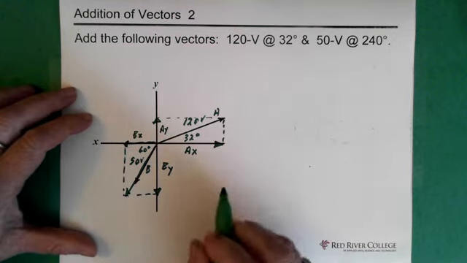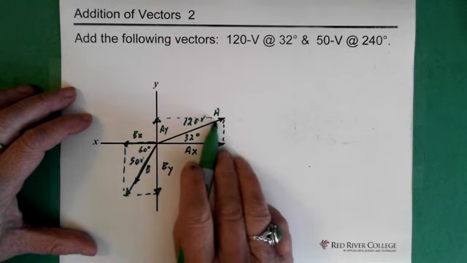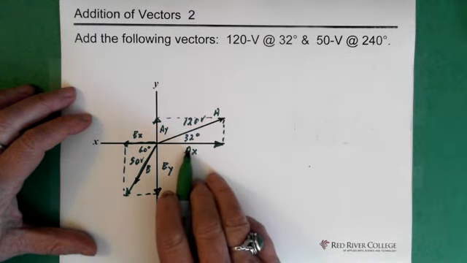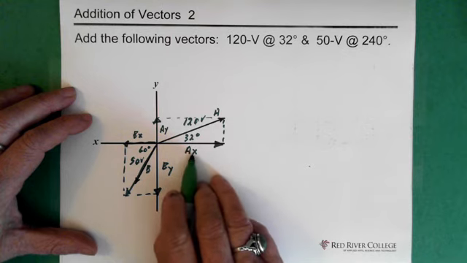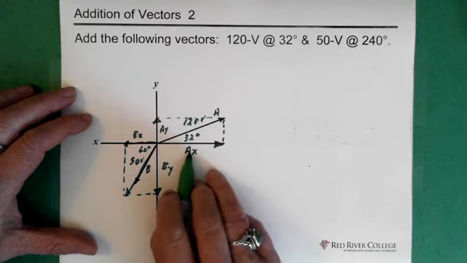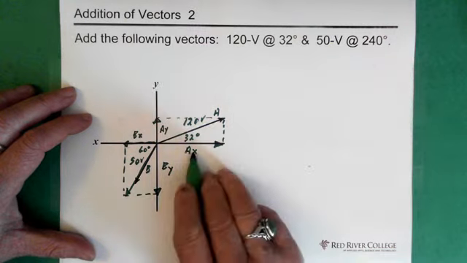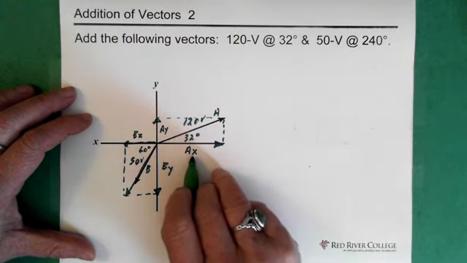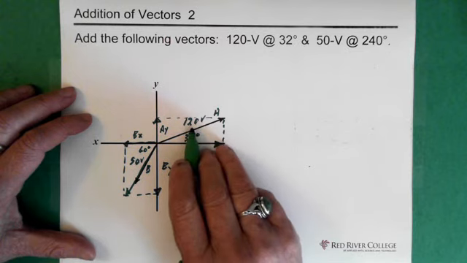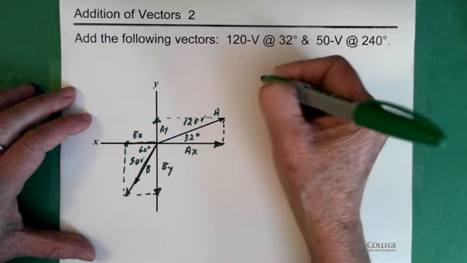So let's start with vector A. If we want to solve for AX, we can see that it is adjacent to the 32 degrees. So the hypotenuse here is the 120 volts. Adjacent and hypotenuse, so we can use the cos to solve for AX.